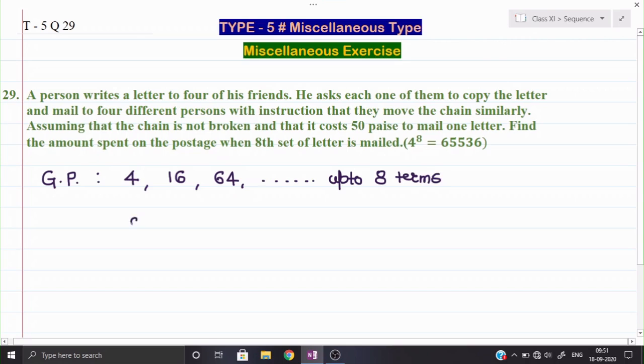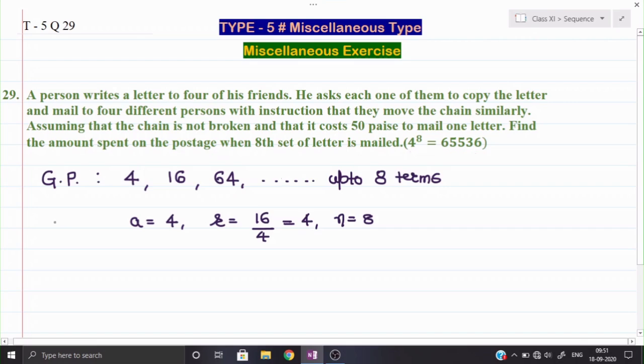So here we can say that the value of a will be equal to 4, r will be equal to 16 upon 4, which is 4, n will be equal to 8, and we need to find the sum. Here I wrote the value of 4 to the power 8 because in the question we need the final answer, so I have calculated it earlier.